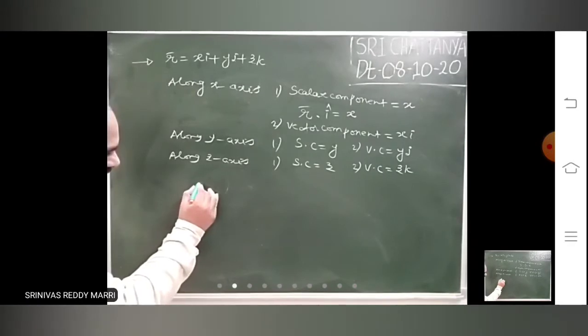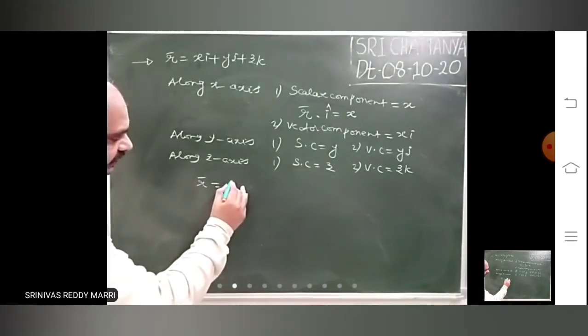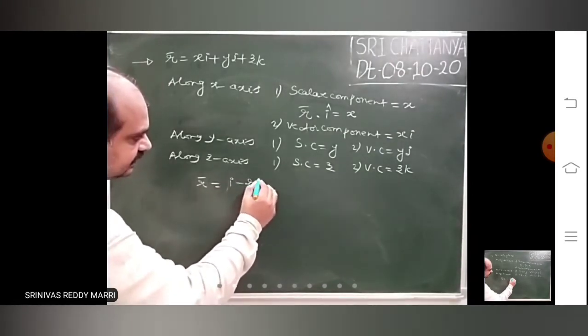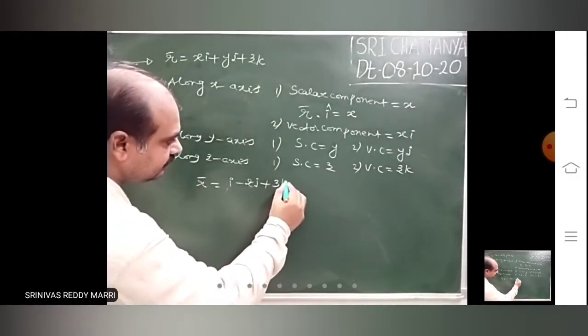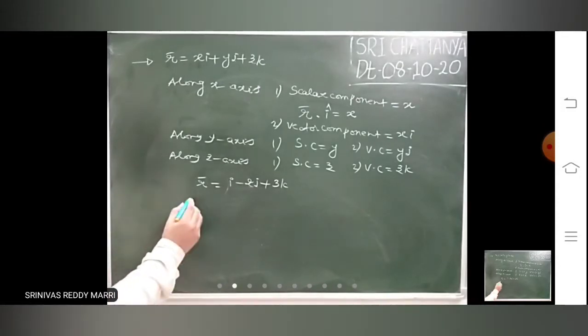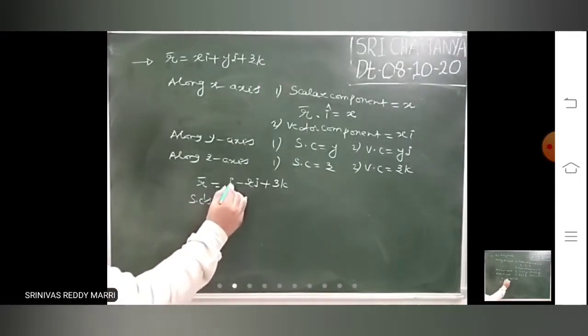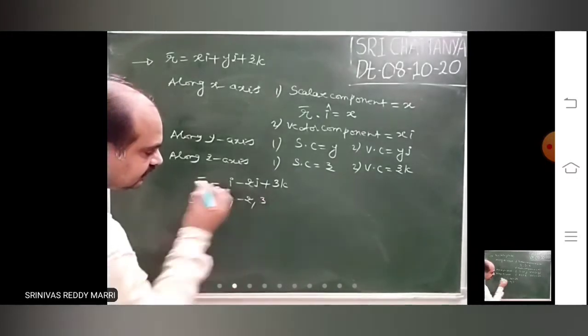Suppose you take one vector, look, i minus 2j plus 3k. So scalar components means 1, minus 2, 3.